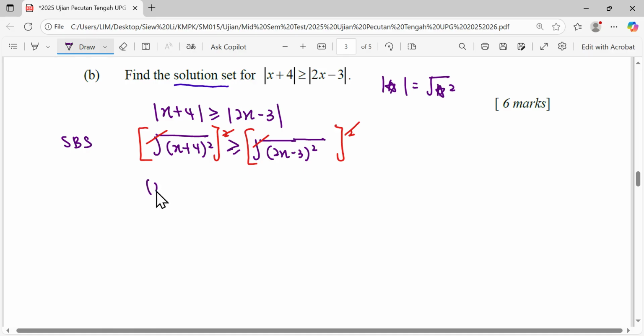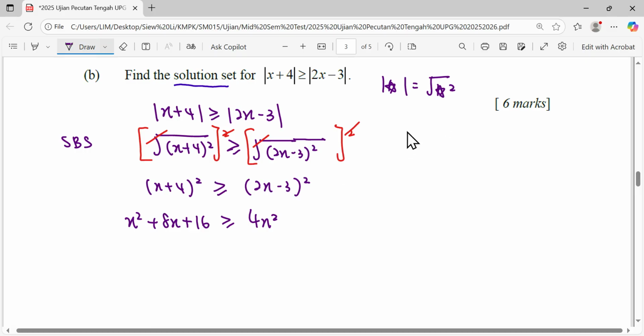Then you have x plus 4 squared and 2x minus 3 squared. So we have a quadratic here. Quadratic, we expand and rearrange, then we factorize. So here we have 8x plus 16 more than equal 4x squared.